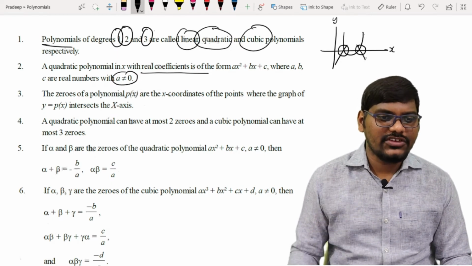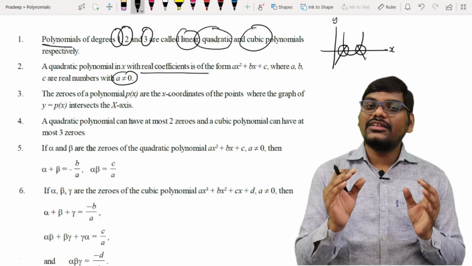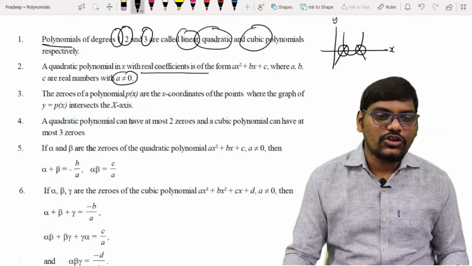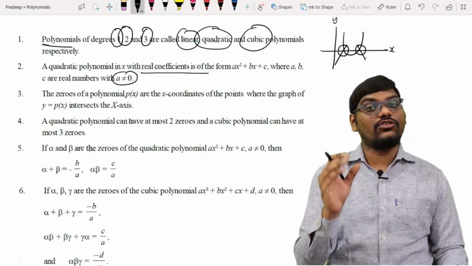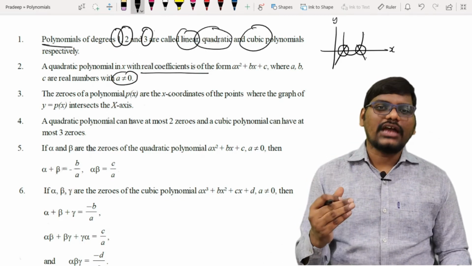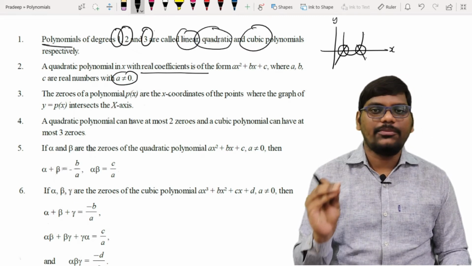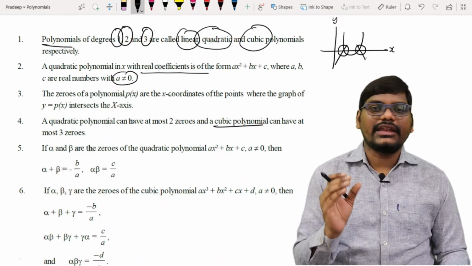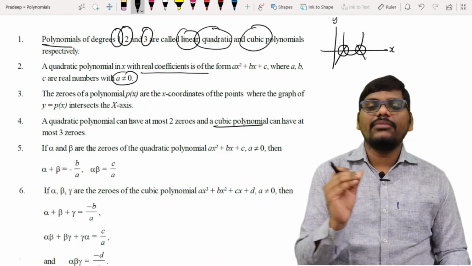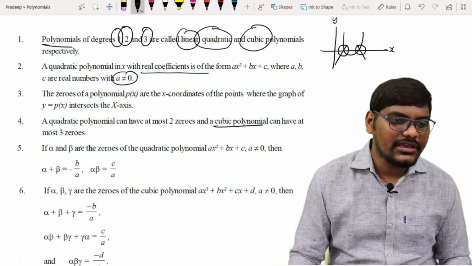The next point: if it is a quadratic equation, we will get about 2 zeros. It is not compulsory that it should get only 2 zeros, but at most, a quadratic polynomial will get only 2 zeros. If it is a cubic polynomial, in most cases it will get 3 zeros.